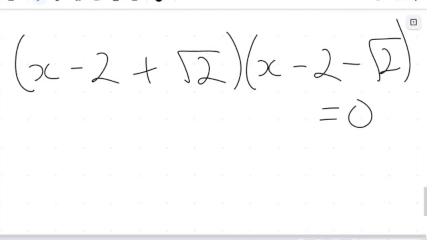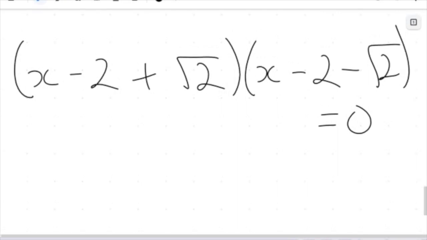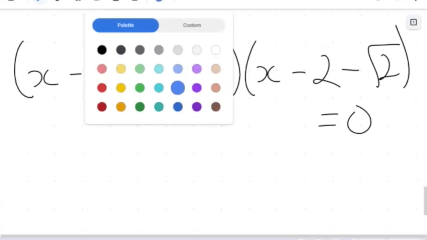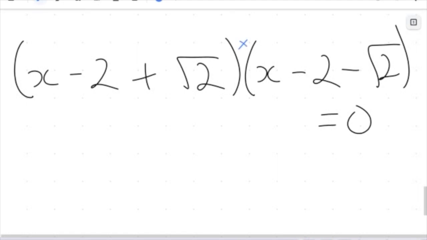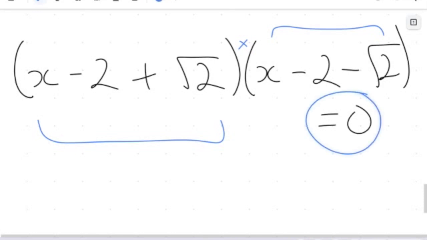Okay, now, if we remember from what we looked at last year, we have a multiplication happening here between these two expressions. And that has to equal 0 on the right-hand side.